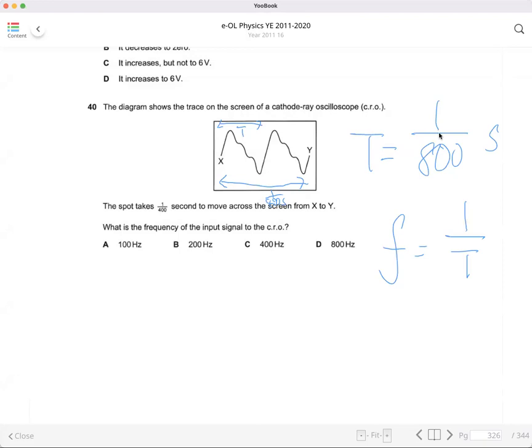Okay, Bei Kwan, what's your answer? If the period is 1/800, I let the T be 1/800. So what is your frequency? Count again, Bei Kwan.